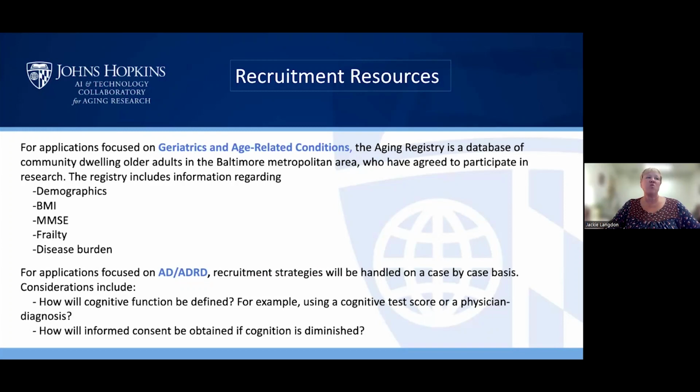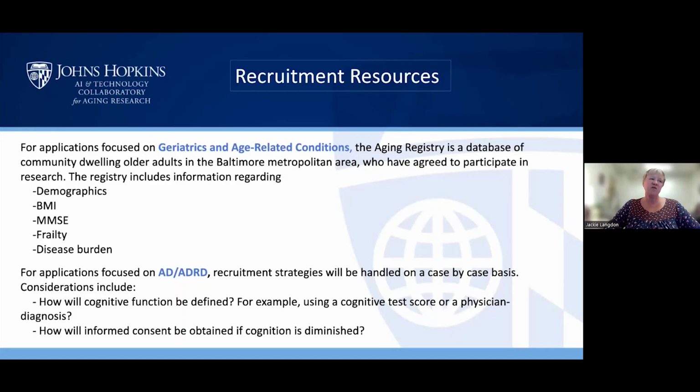The registry enrollment includes about 15 pages of information, for example basic demographics, their body mass index, their mini mental status exam scores, whether they're frail or not, disease burden, medicines, the list goes on. We have a huge amount of information, and that helps us hone in on inclusion and exclusion criteria, and what I call sort of fishing in a stocked pond for the people that you want in your study.